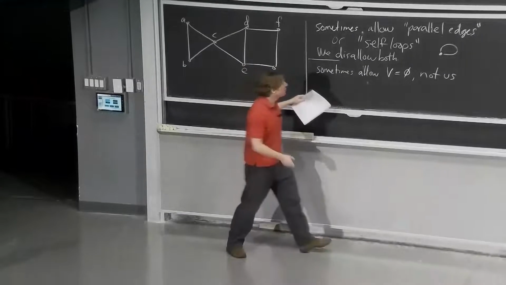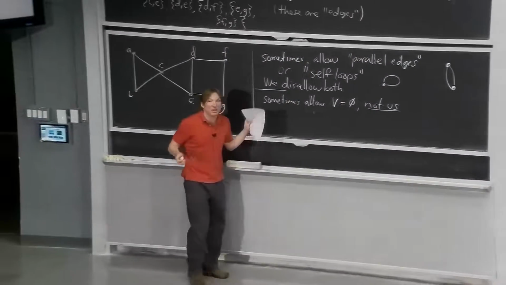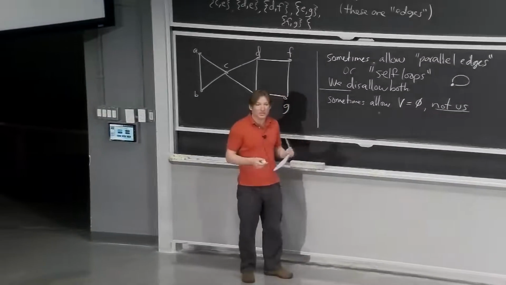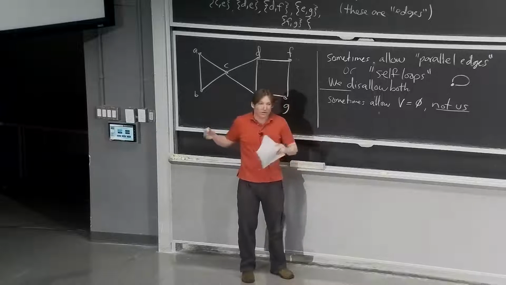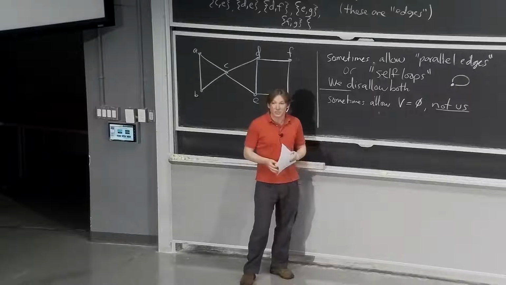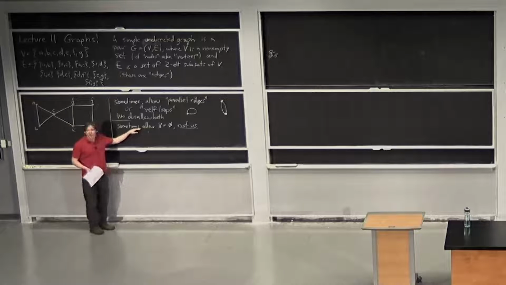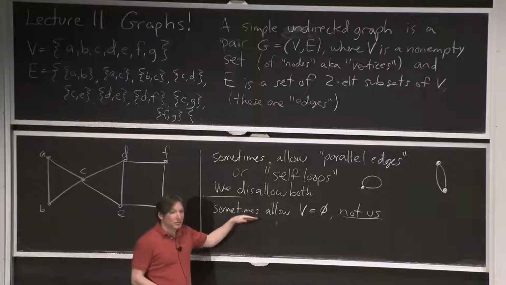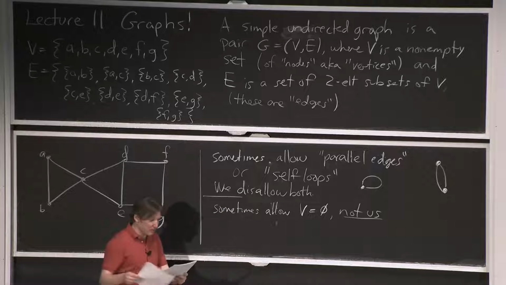The reason we are not allowing that for our purposes is that often it's going to be a counterexample to a lot of the theorems we want to state. We would always have to say, for every non-empty graph, for every graph with a positive number of vertices, something like that. And it just gets cumbersome. So we chose this definition because it makes that more convenient. Not really a big deal, not really something we'll need to think about much. It's just a part of the definition to be vaguely aware of in the back of your mind.